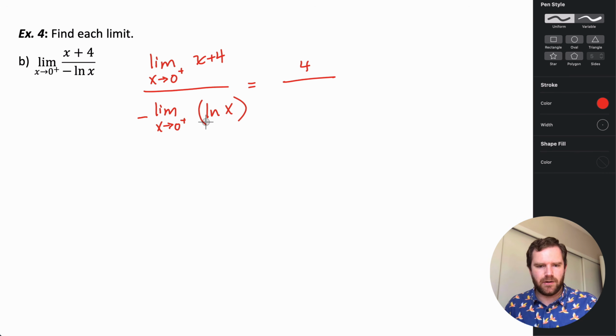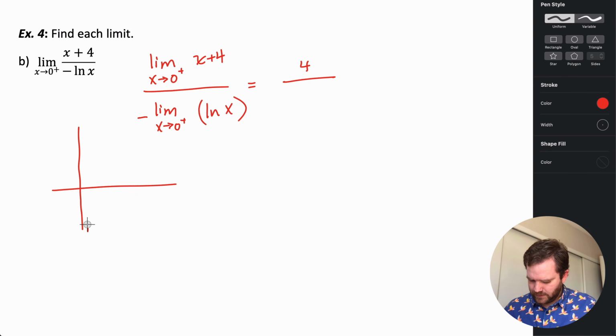And then in the denominator, thinking about the natural log function: it is the inverse of an exponential function, and it's only defined for x values that are greater than 0. So at 0 it does not exist, but as I'm approaching 0 from the right, the natural log function looks something like this. It has a vertical asymptote here at 0.